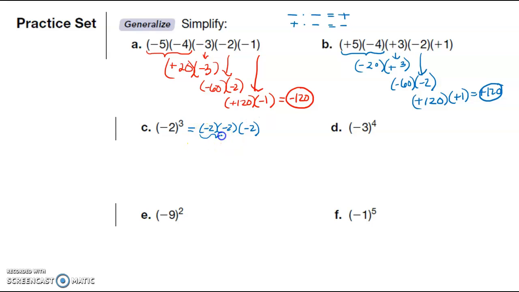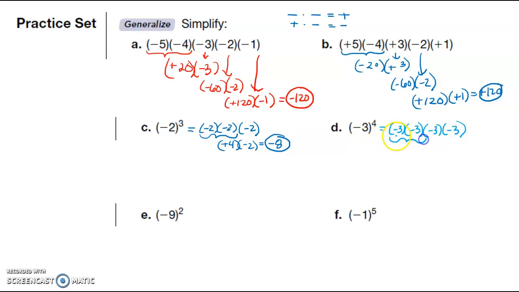Okay, so then I have -2 times -2 is positive 4, times -2 is -8. Okay. Here I have -3 to the 4th, which means I have -3 times -3 times -3 times -3, 4 times.